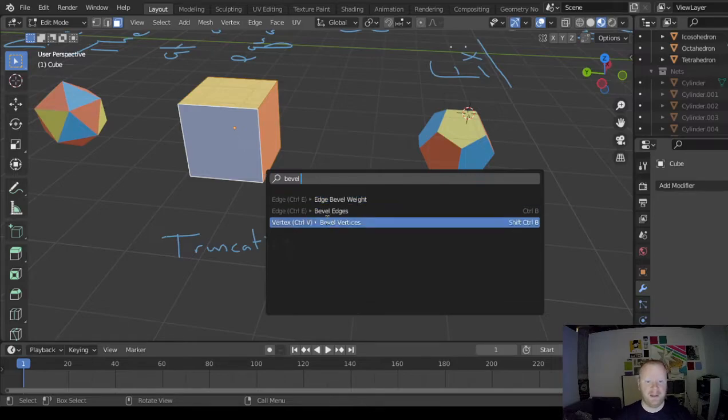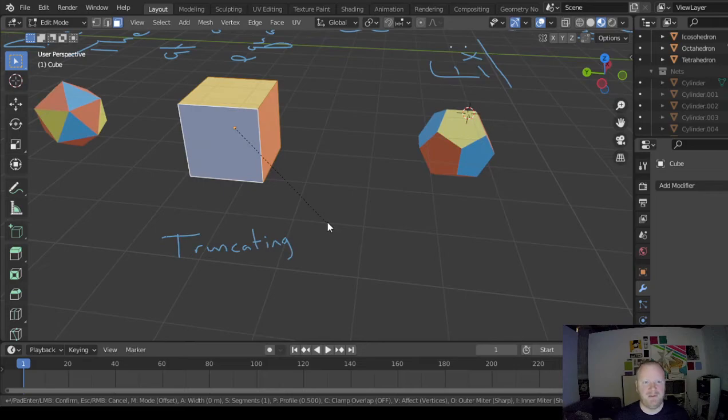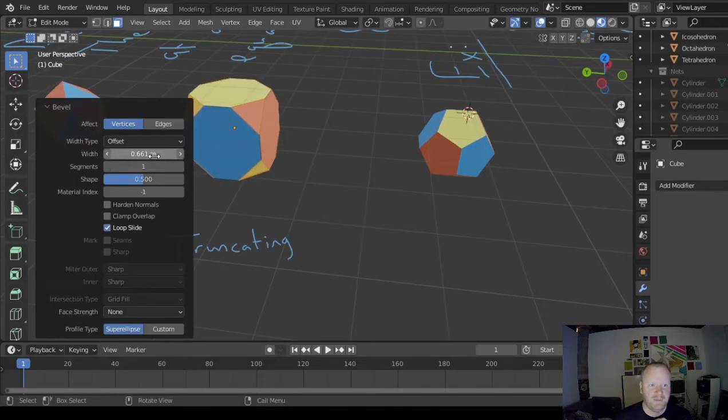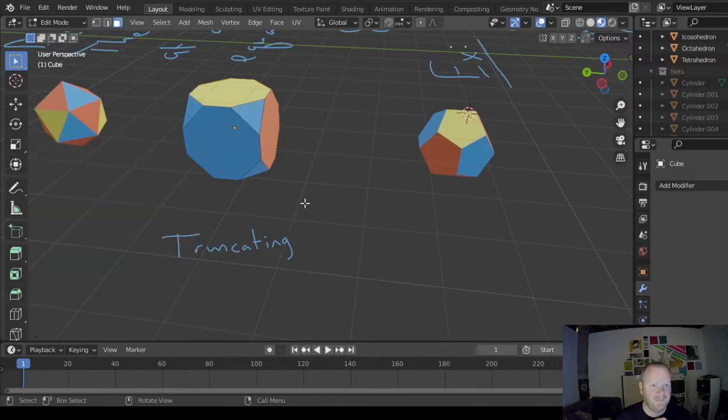So they call it truncating. I think of it in my 3D work as beveling. That's the same thing. So if I go ahead and just take a little bit of sandpaper to each of these vertices and apply that truncating, then I get a shape that looks like this. I'll go ahead and show that.